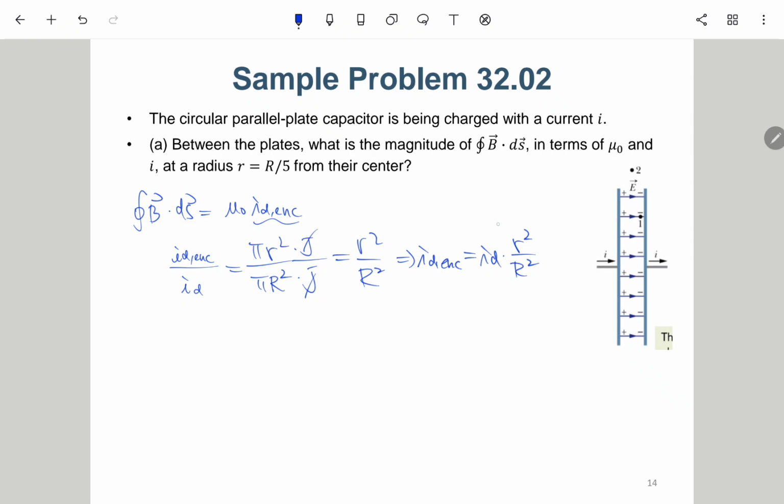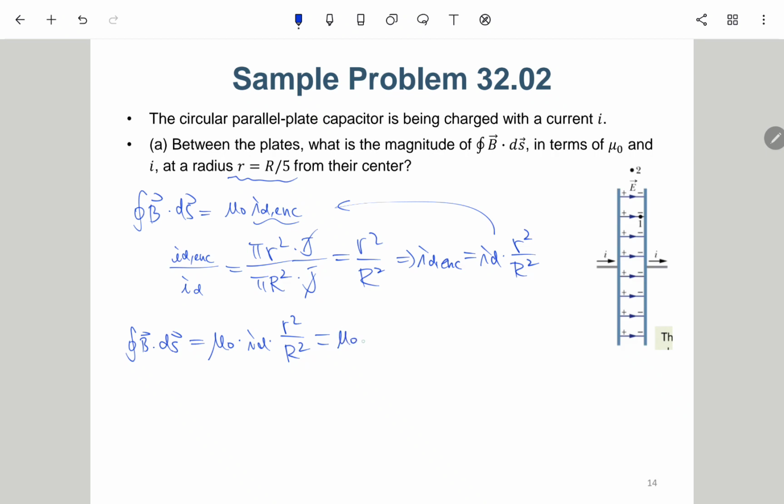So in such a way, we can put this one back to here, which means the integration of B dot ds equals mu naught times I_D times r square over capital R square. And then here we have this small r equals capital R over 5.